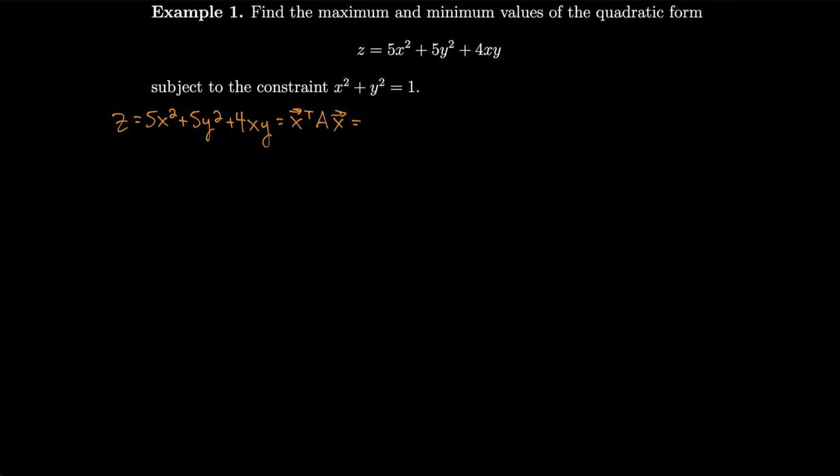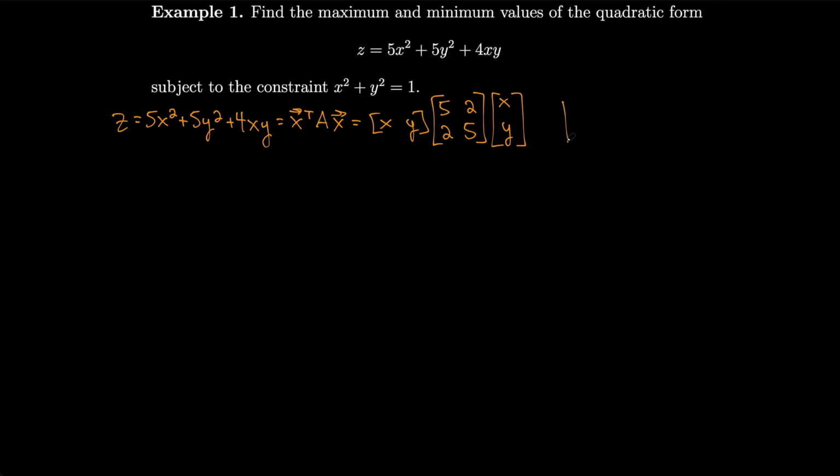So as matrices, that's x, y, times 5 for the diagonal terms, and then 2xy and 2yx for the cross product terms. Then I'll multiply that by x, y.